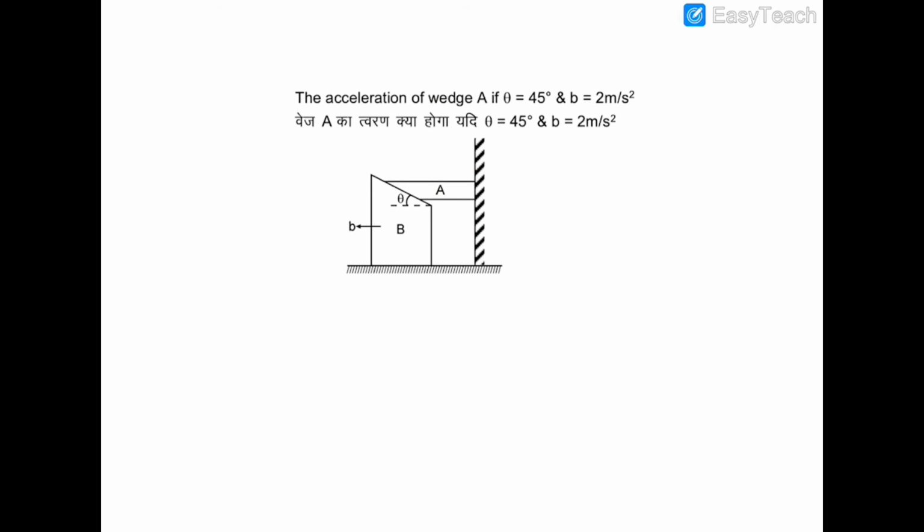This is a similar kind of problem which we have done in the past. In this problem the acceleration of wedge B is given as B, whose value is 2 meters per second squared, and we have to find the acceleration of rod A. Again we can see that rod A is restricted at one end to move parallel to the wall, so rod A will move in the downward direction.